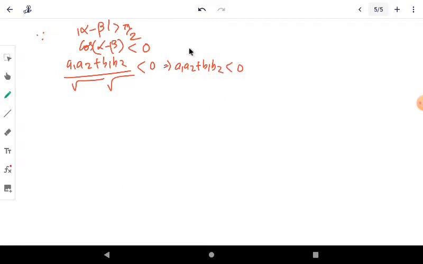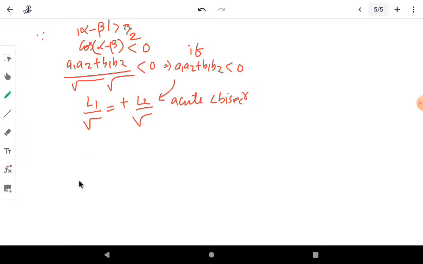This under root is positive only, so it has no bearing on the sign of the entire expression. If a1 a2 plus b1 b2 is less than 0, negative, then the acute angle bisector will be the bisector containing the origin, and the bisector containing the origin is L1 by under root equals plus L2 by under root, which is the acute angle bisector and the bisector containing origin also.